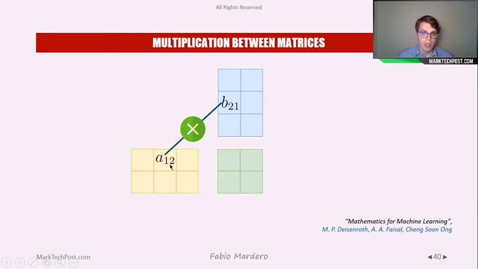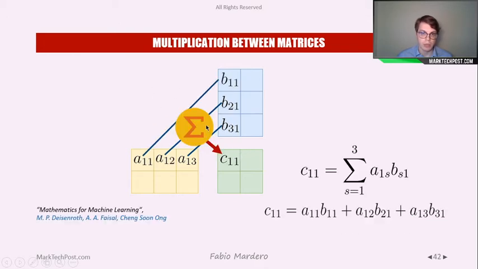Then we take A12 and we multiply it by B21. The last term, A13, we multiply it by B31. All these three results are summed up together to give us the C11 term.